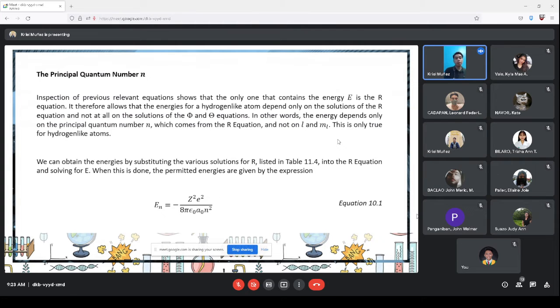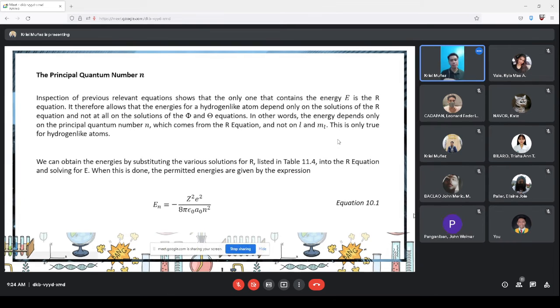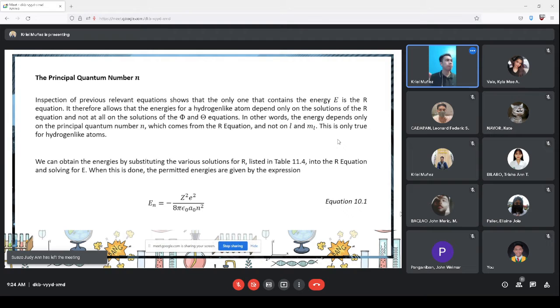Okay, so let's talk about the principal quantum number first. The principal quantum number n. So inspection of previous relevant equations shows that the only one that contains the energy is the R equation. Kung babalikan natin, yung ating phi equation, class, is just your phi wave function, and then yung ating phi na coordinate, right?